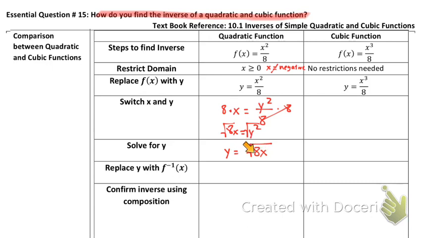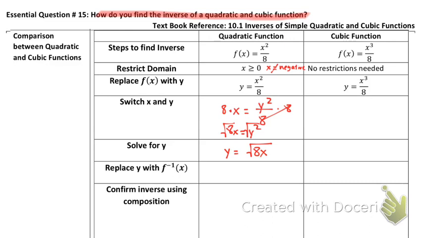And if you remember anything about square roots, you can't have a negative number inside the square root. So in order for us not to have negative numbers inside the square root, we would have to put this restriction on x. We only can plug in positive numbers for x to keep the square root inside positive. All right? So that's a slight explanation of why we have to restrict the domain.